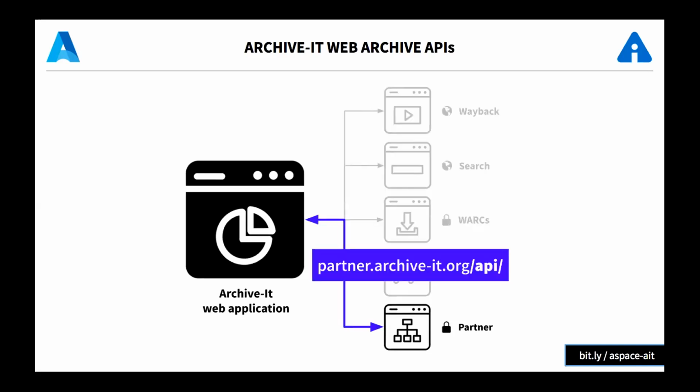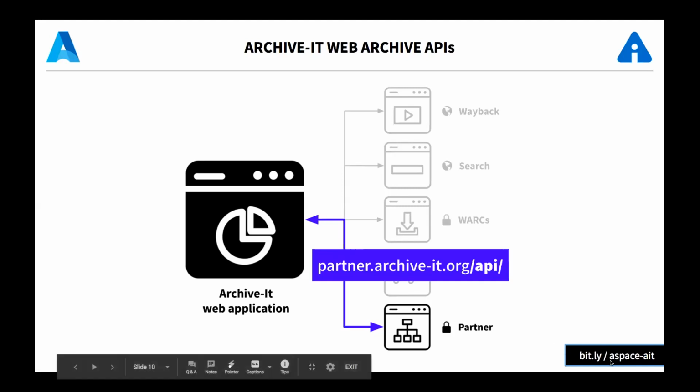And just to give you a little more information about that, this is the sort of starter access point for that API. We have extensive documentation of the API and of all the things that I've been discussing so far at the link down here in the right-hand corner of the screen.